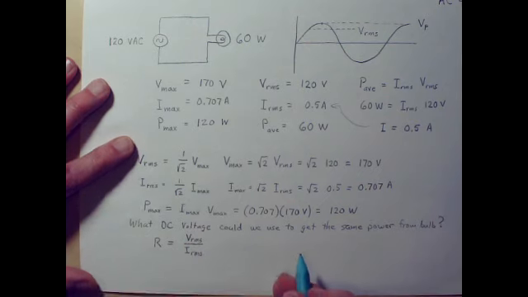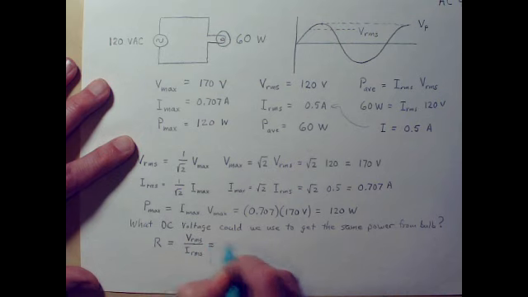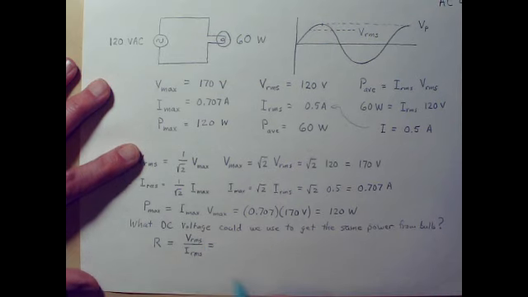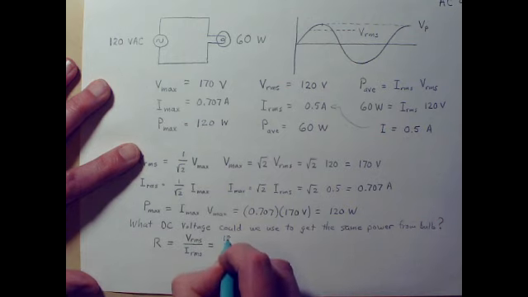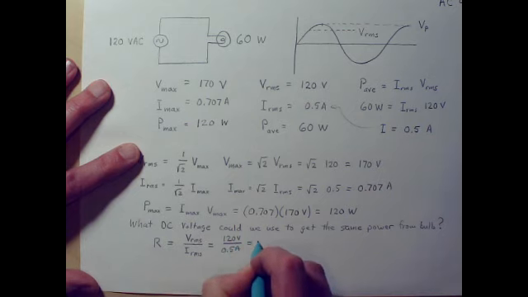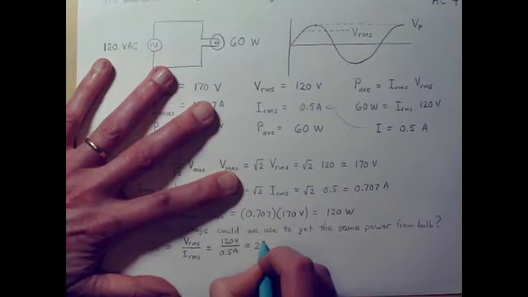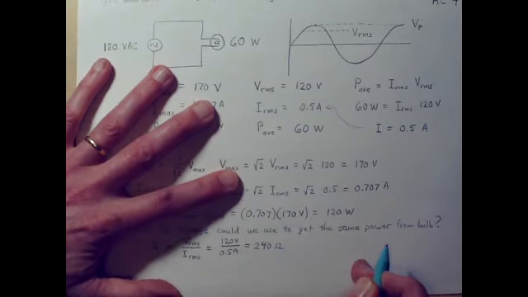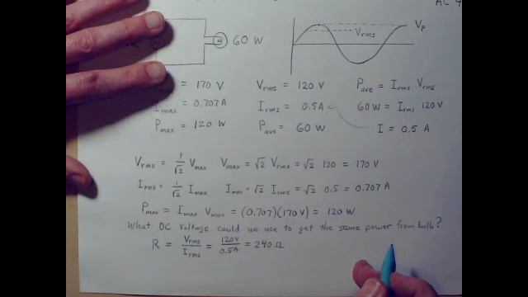You could also put the peak values in. It works either way in this case. But let's put in the RMS values. So we would have 120 volts, and I RMS is 0.5 amps, and that would give us 240 ohms.